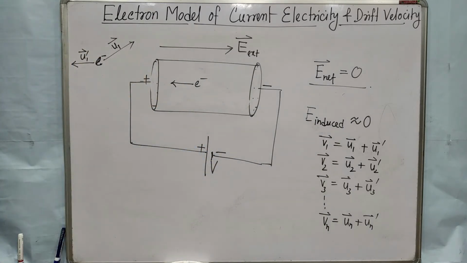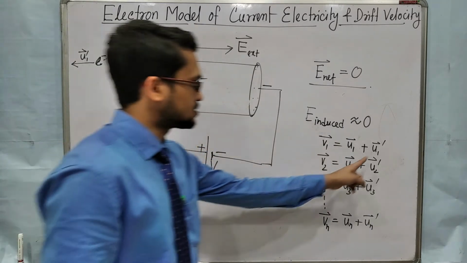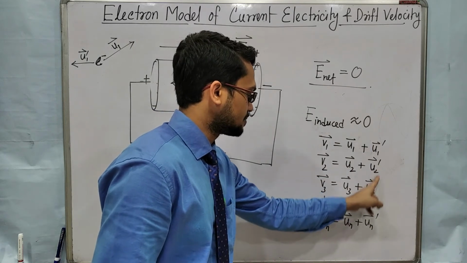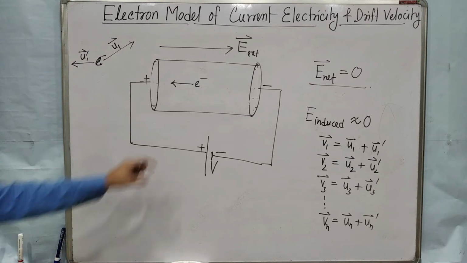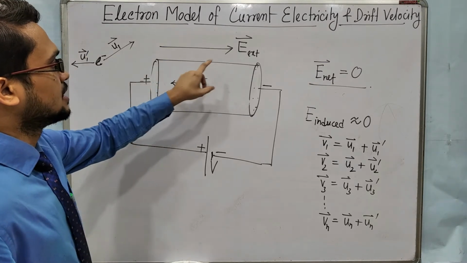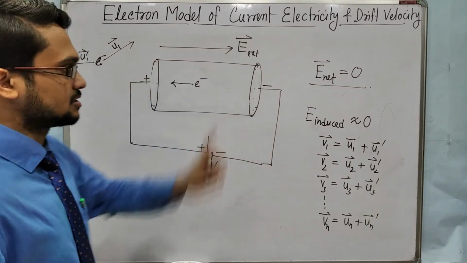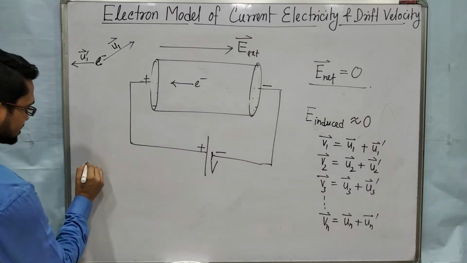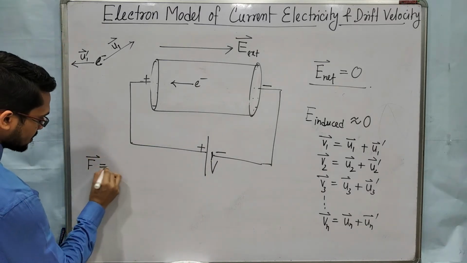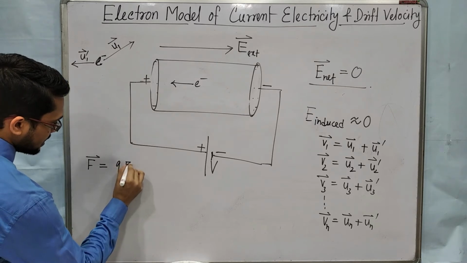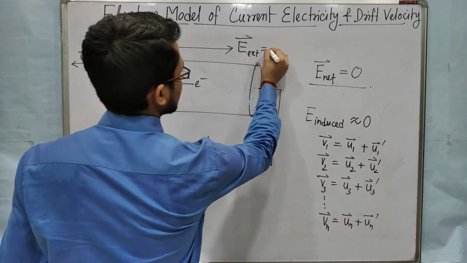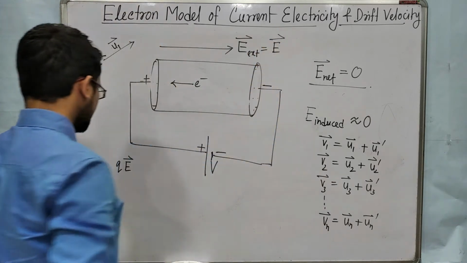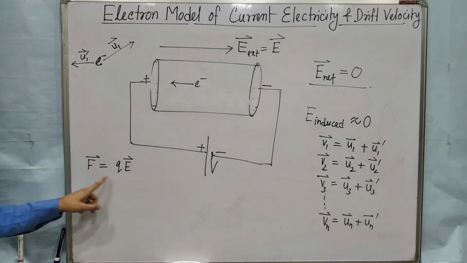Now we will see how to calculate the quantities U1 prime, U2 prime, U3 prime, Un prime. Each electron experiences a force in the opposite direction of the electric field. That force is F equals Q times E. Here the external electric field is E. Then Q times E is the force experienced by that charge.